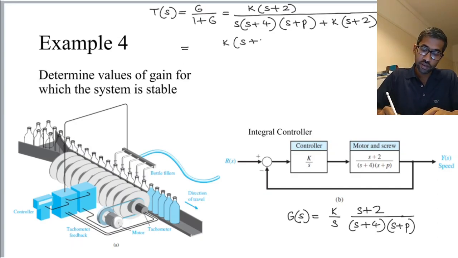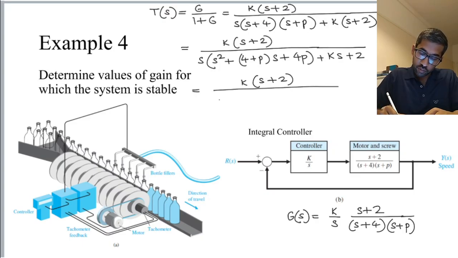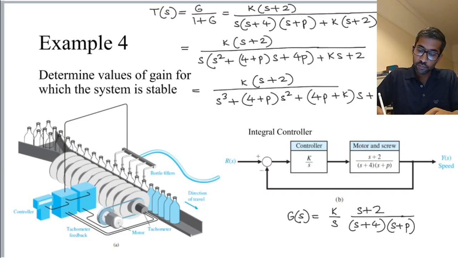So this is going to turn out to be k(s plus 2), and the denominator becomes s square plus (4 plus p)s plus 4p plus k(s plus 2), and that becomes equal to k(s plus 2) over s cube plus (4 plus p)s square plus (4p plus k)s plus 2.